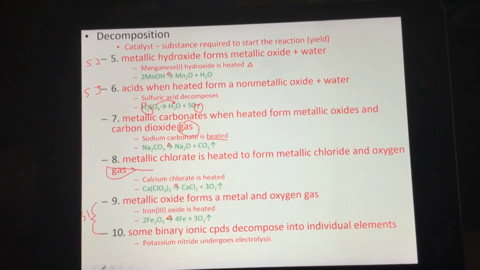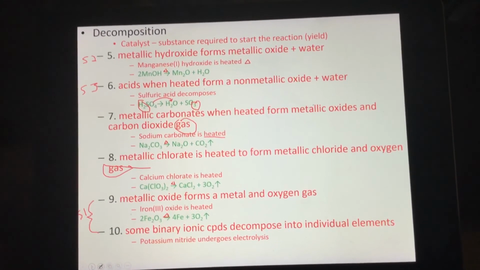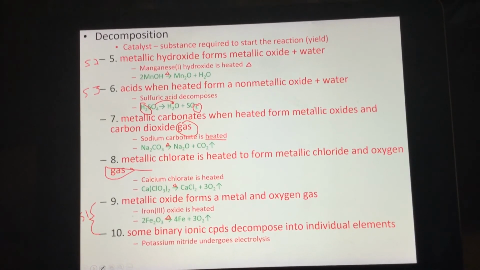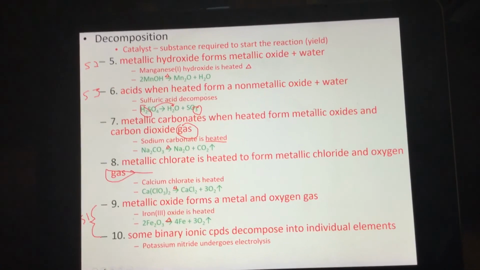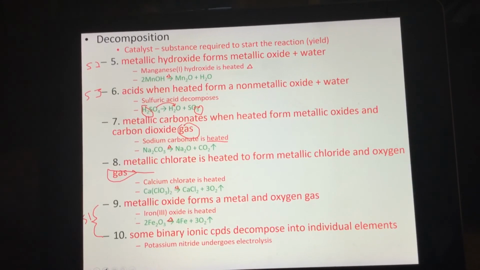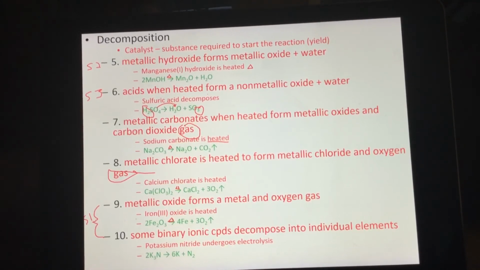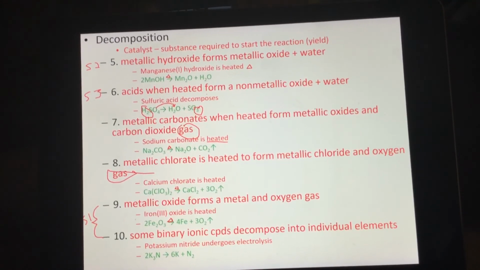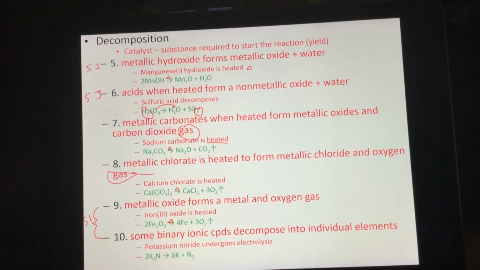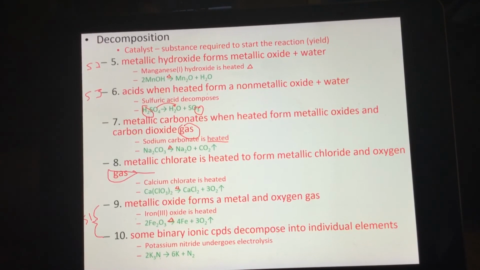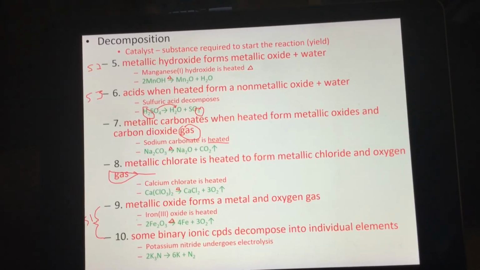Potassium nitride going under electrolysis, so that's another form of a catalyst we can use to make a decomposition reaction work, is to run electricity through it. So potassium nitride, again, we have to crisscross charges since we're dealing with an ionic compound, so that's K3N, because nitrogen is -3, and then we just split it into its individual elements of potassium.